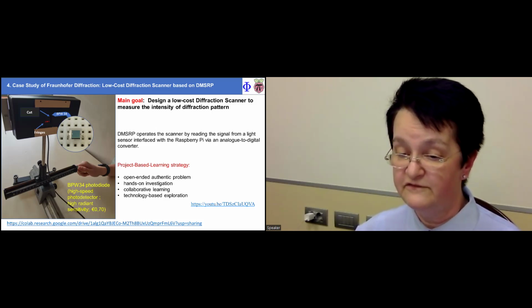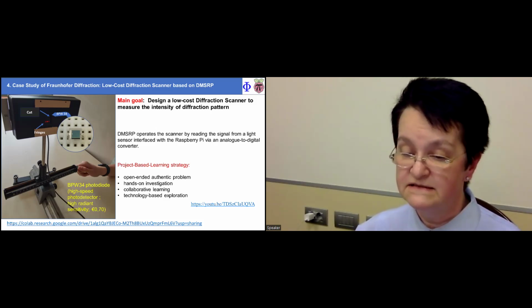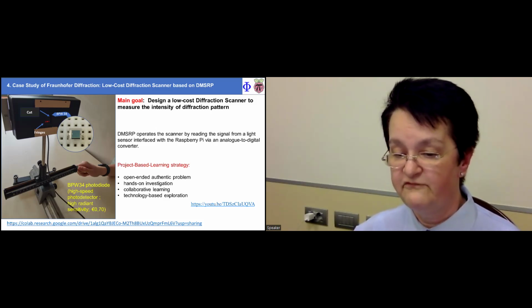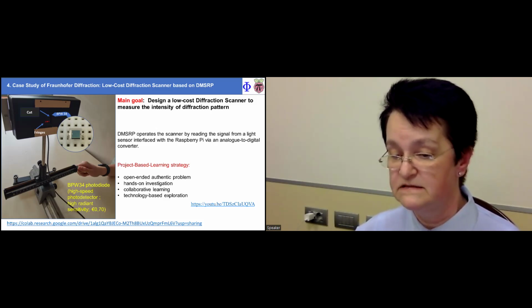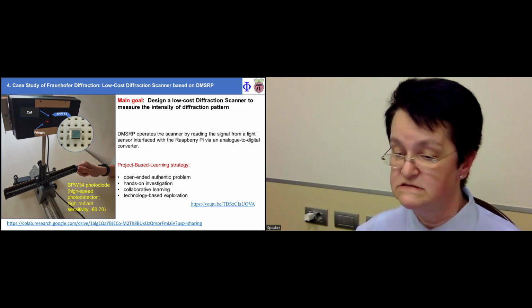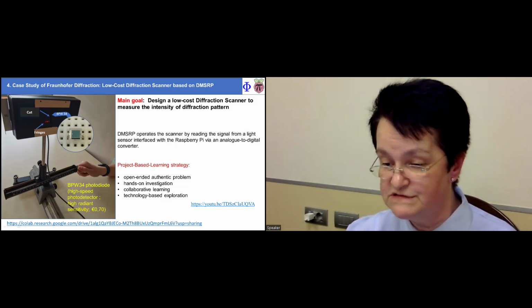At the end, after they look at different kinds of light sensors, they stop at a photodiode with a price of 70 cents, which is a high-speed photodetector with a high radiant sensitivity. And all the steps have been introduced in a Jupyter Lab.